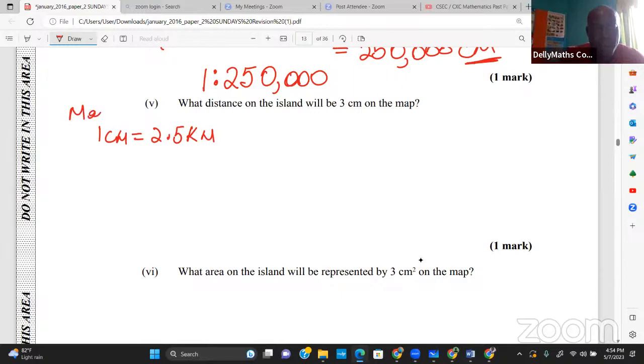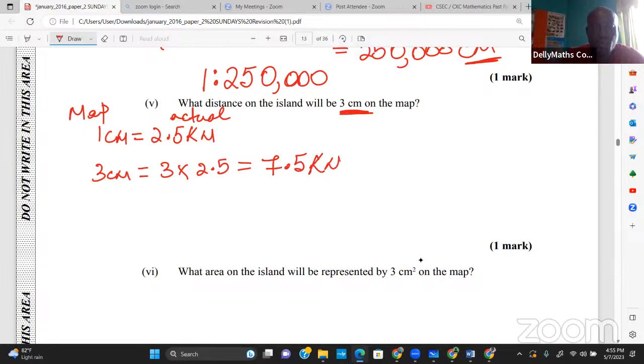This 1 cm is for the map, and this is what we call actual, or on the island. So 3 cm on the map is going to be 3 times 2.5, which gives about 7.5 kilometers. For every 1 centimeter, it's 2.5 kilometers, so by the time I have 3 centimeters, I would have reached 7.5 kilometers. There we go.